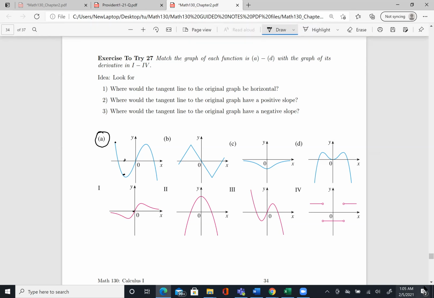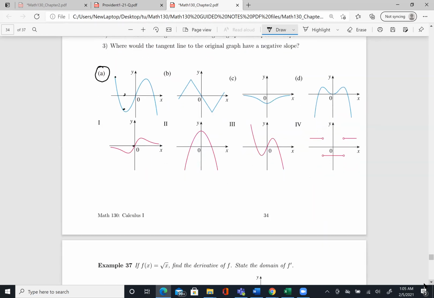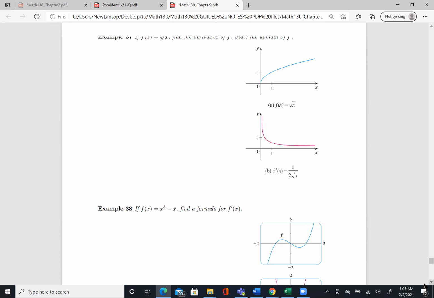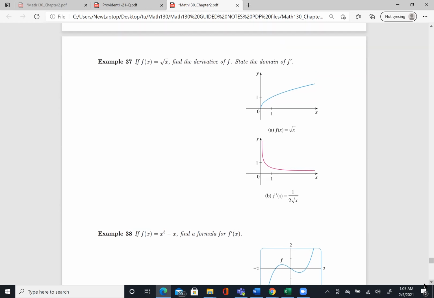Okay, so let's move to the next problem. Example 37. If f of x equals square root of x, we're going to find the derivative of f and then state the domain of f derivative.